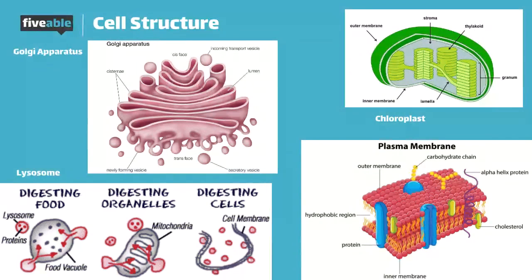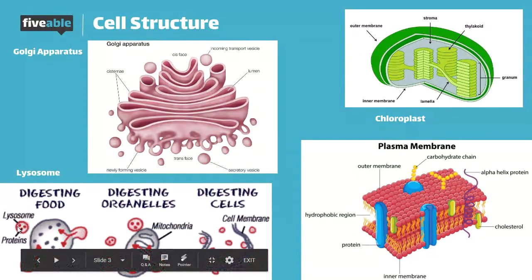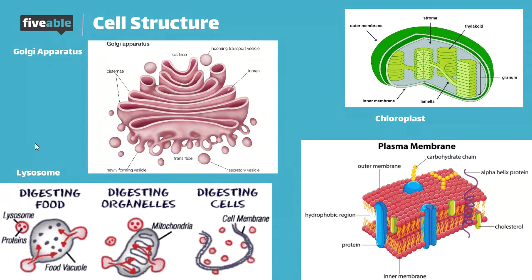Other important things, the lysosome, you can see that here in red. It's joining up with this cell and breaking things down. Anytime you see the word lyse, L-Y-S, not like the lice in your hair, ew. We'll talk about this next week with glycolysis, but anytime you see the word lyse, it means to break down. So the lysosome just breaks things down.